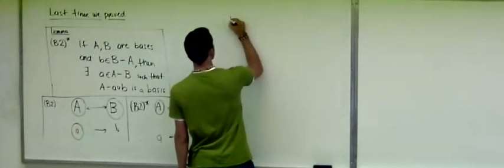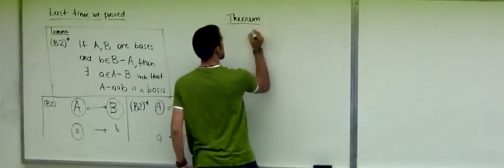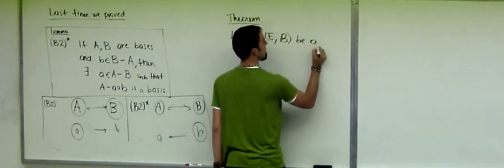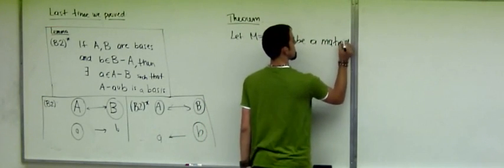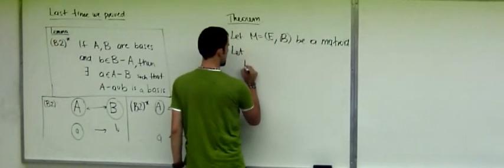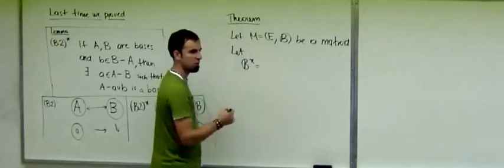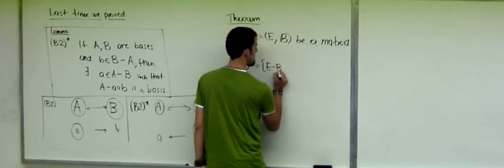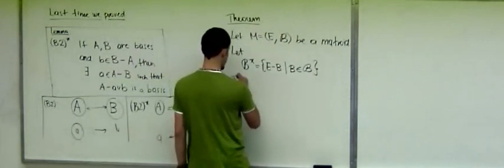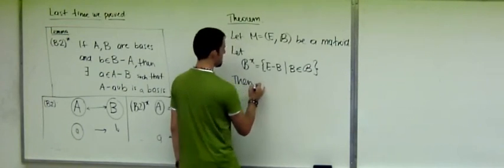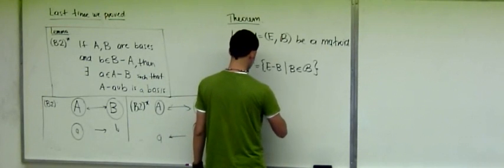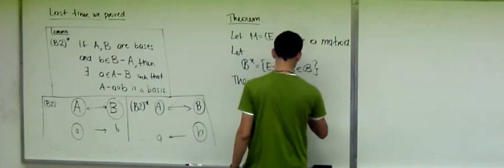So I was in the middle of proving this theorem that said if you have a matroid whose bases are the collection script B, then you can define a second matroid whose bases are the complements of the things in B, E minus B such that B is in script B. The conclusion is that this is also a matroid, so we called it M star.